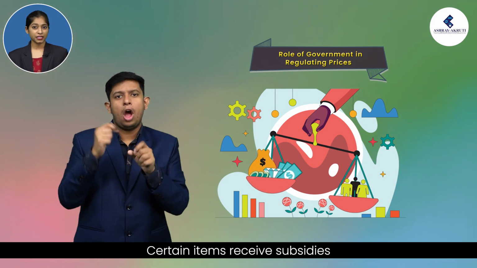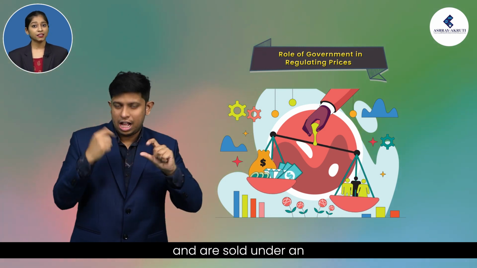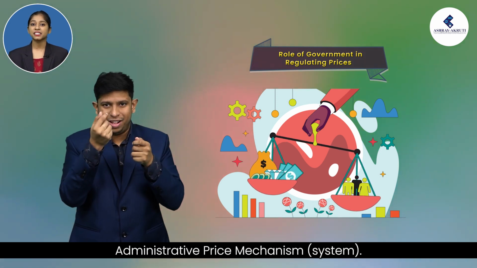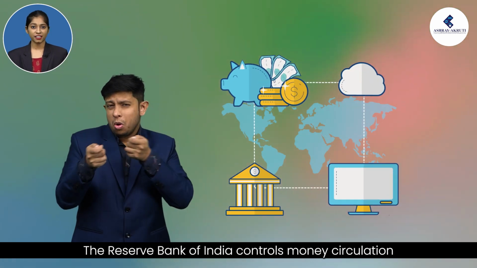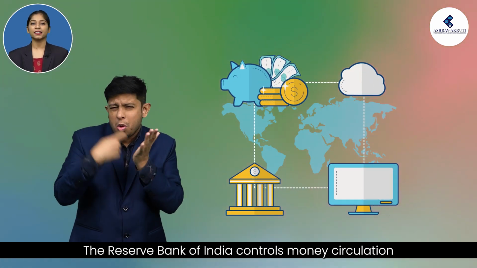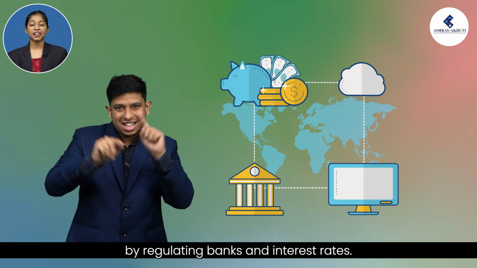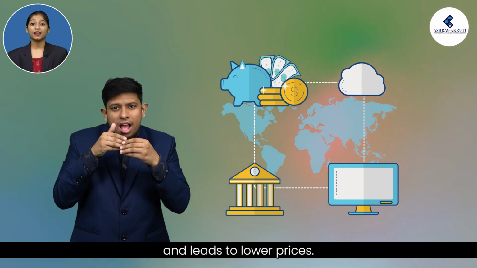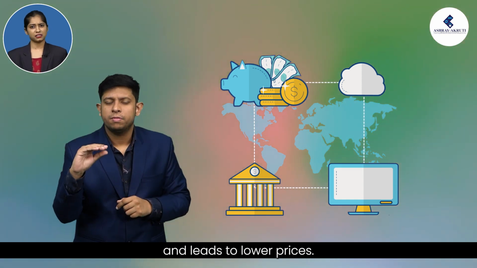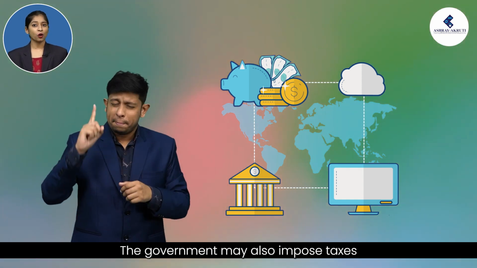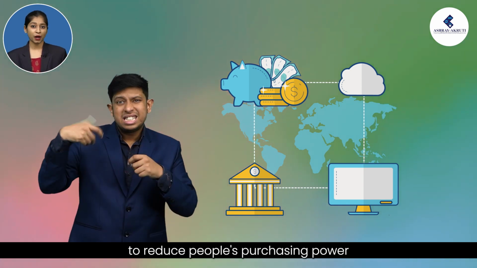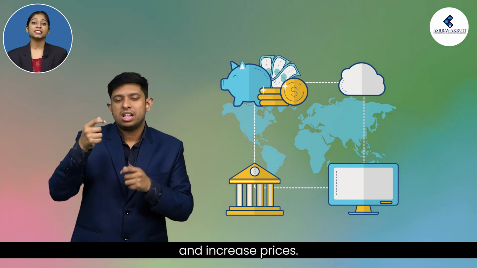Certain items receive subsidies and are sold under an administrative price mechanism. The Reserve Bank of India controls money circulation by regulating banks and interest rates. This decreases consumption and leads to lower prices. The government may also impose taxes to reduce people's purchasing power and lower prices.